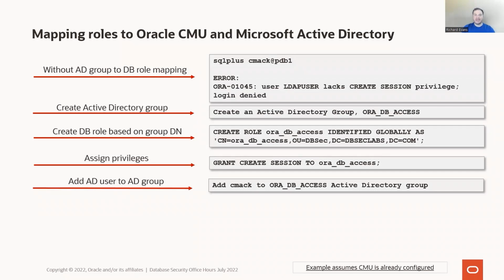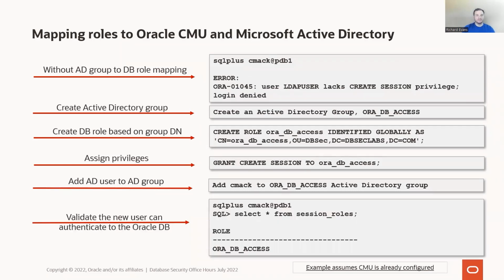We add CMAC to the Active Directory group that corresponds to that role. Now, when he authenticates, he's successful and he sees that he has that session role. Okay, so again, really powerful stuff to get away from managing 10,000 databases and 100,000 users and 250 system privileges and however many object privileges to, hey, we take care of a lot of this through our Microsoft Active Directory.